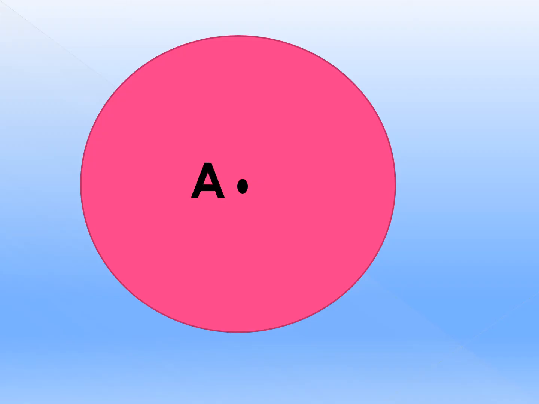Name that circle as circle A. Since you're going to name this circle as circle A, make sure that the center has a point A. That's the reason why I have a point in the middle and I name that as point A, because we can name a circle based on its center.